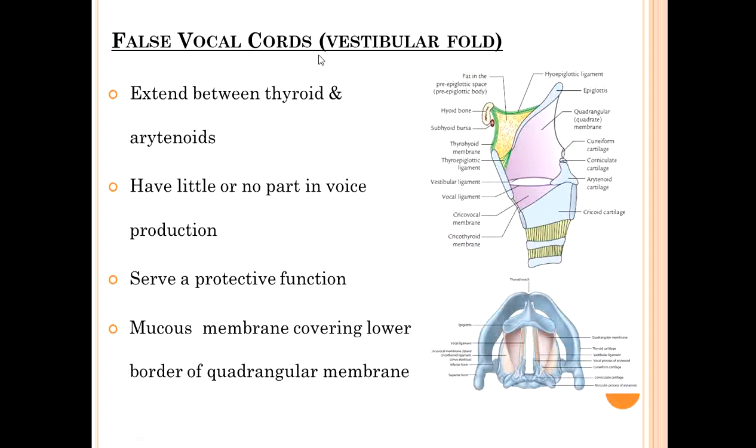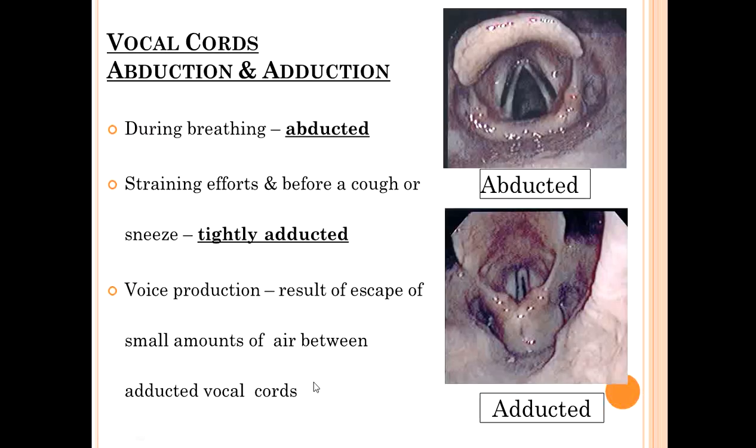Then false vocal cords means the vestibular fold that extends between the thyroid cartilage and arytenoid. It has no role in voice production. It just serves a protective function, and it is the mucous membrane covering the lower border of the quadrangular membrane.